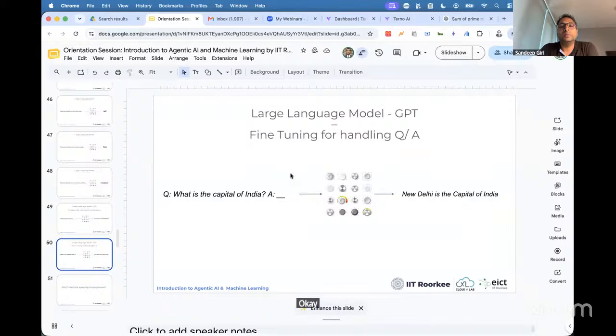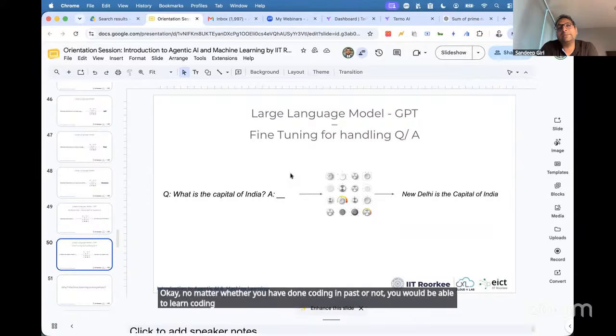Okay, so yes, I would say aim to learn programming. That would be my first strong suggestion to you. No matter whether you have done coding in the past or not, you would be able to learn coding, so spend some time in learning that.